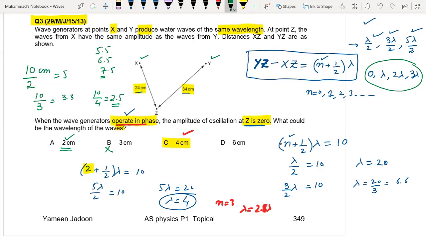So this is the condition of destructive interference. If I take lambda as 4, then this path difference satisfies this condition. So this is an odd integer multiple of lambda by 2. So this is another way of doing this question.